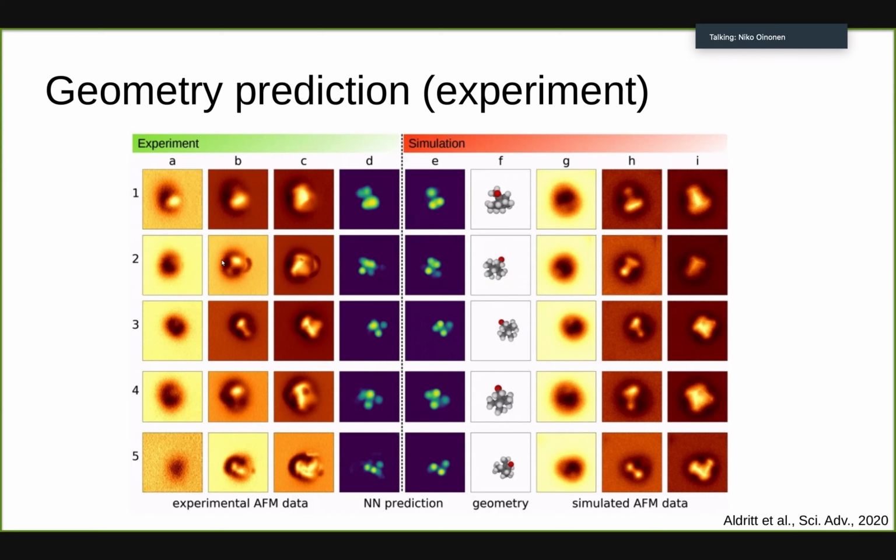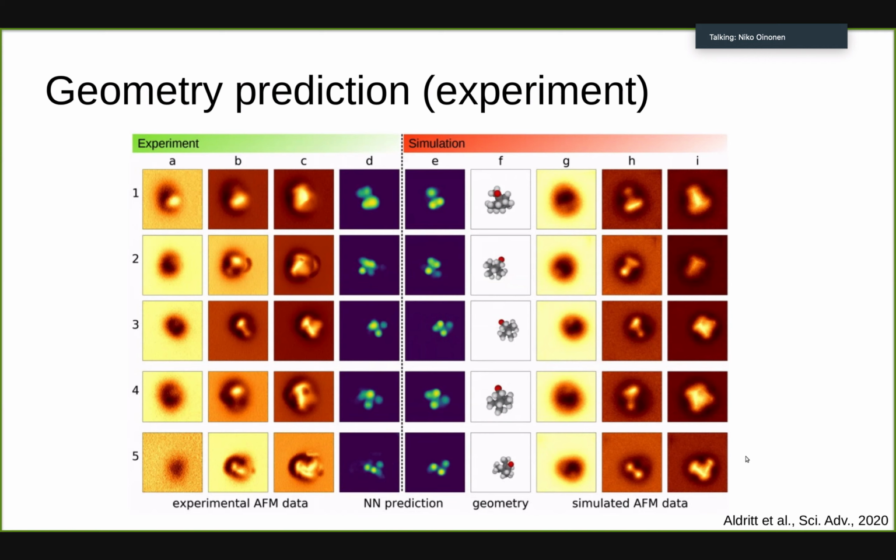That's a bit more difficult, because in the experiment, how far you are actually from the sample is not easy to determine. So matching the simulation exactly is quite difficult. Also, there are some effects in the experiment that are not well accounted for in the simulation.